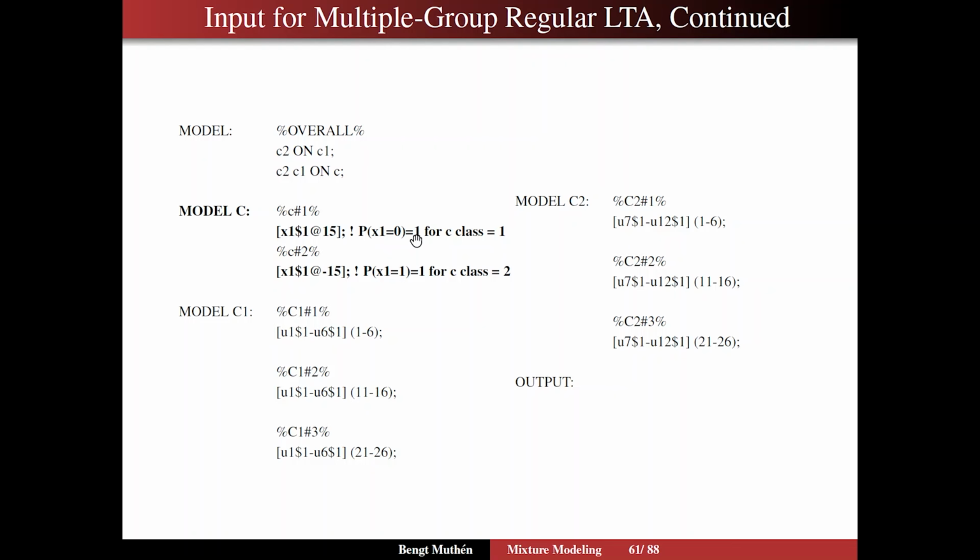And it is that way for C class 1. And here we have a very low threshold, which means it's very easy to surpass it. So x1 is equal to 1 with probability 1 for C class 2. So x1 defines the C classes, the 2 C classes, by an observed perfect indicator. The rest is the same then, model C1 and model C2 with its measurement invariance.